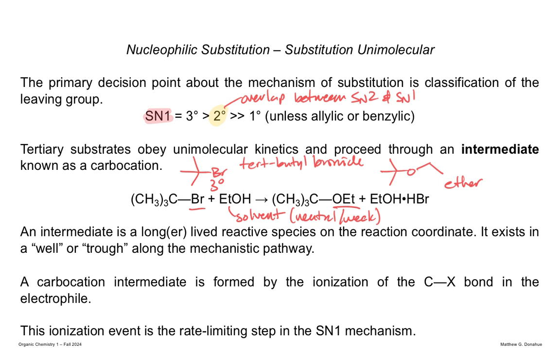So how does this occur? The other thing to notice, the solvent is now protic. There's OH, and that really facilitates starting the mechanism because the carbon-bromine bond, we know that it's polar covalent.